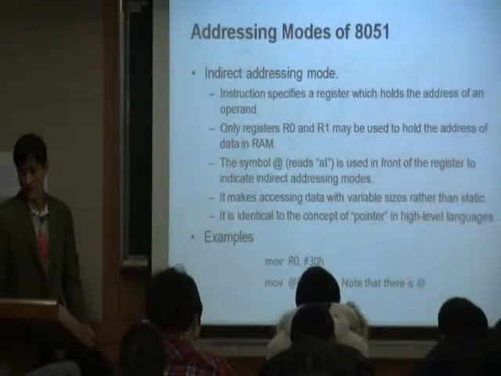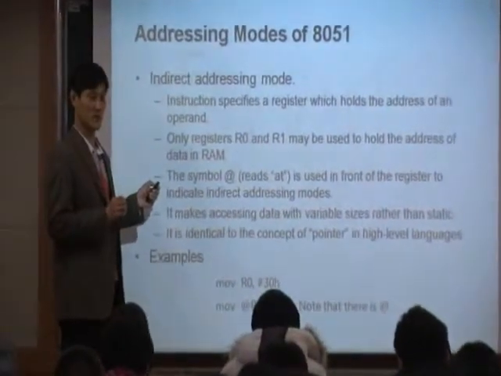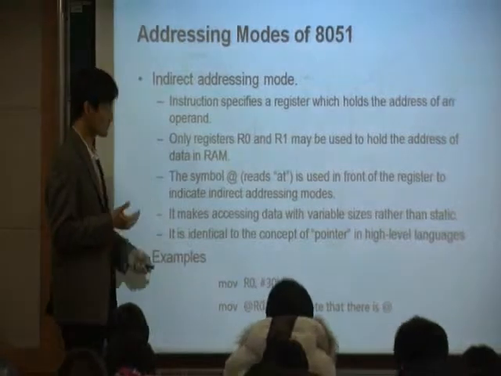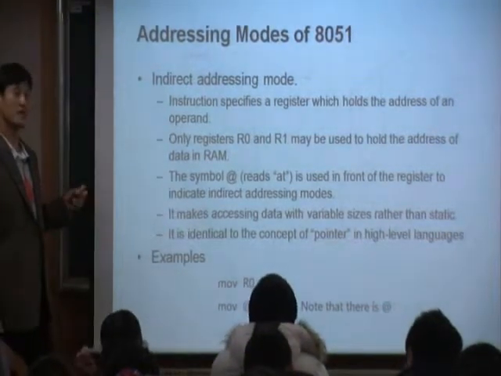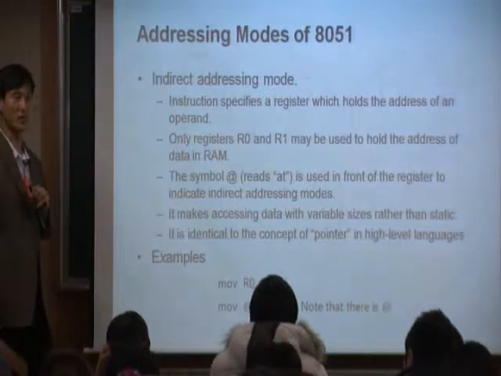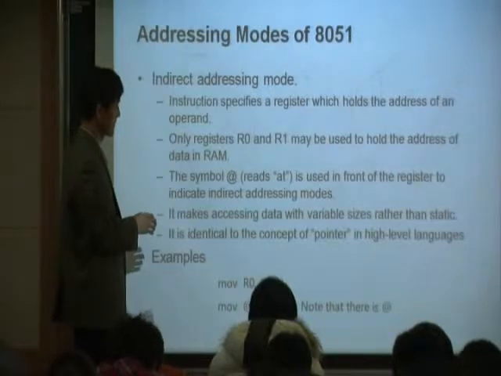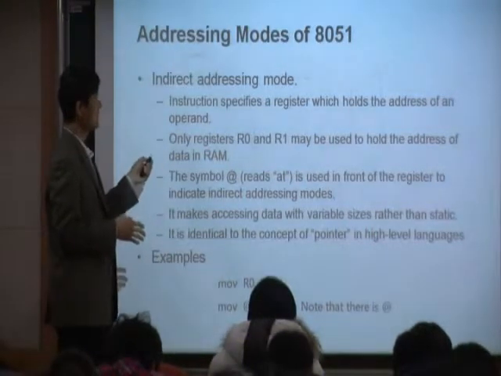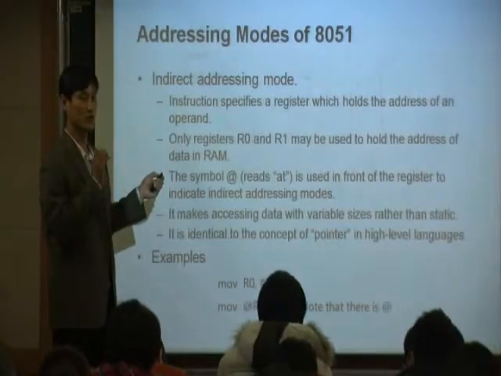Right? Let's look at indirect addressing mode. This is the most important one. Okay? Indirect mode. And this is exactly the same concept as a pointer in C. So let's understand this one. Since we are talking about a new addressing mode, we have to use a new symbol.